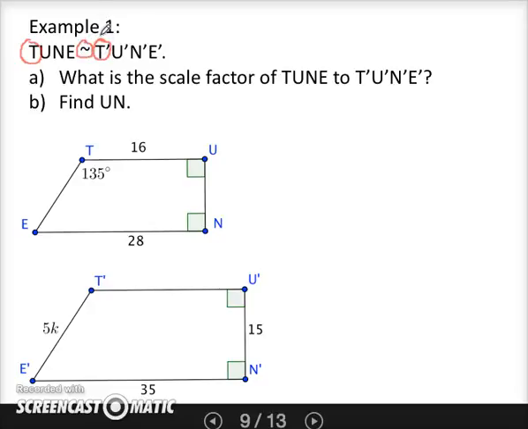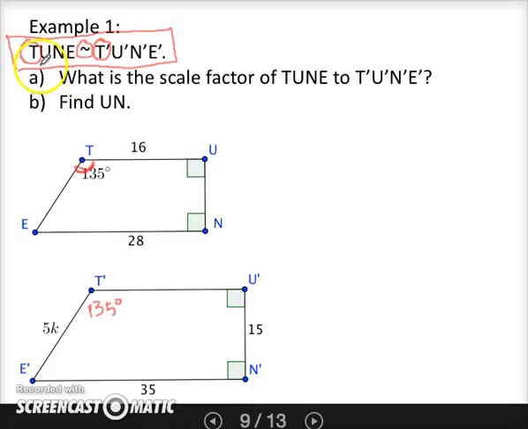Just like when we were working with congruent triangles, when we're working with similarity, we're told by the way that this statement is written that vertex T corresponds to vertex T prime, so that this angle here, being 135, would tell us that angle T prime is 135 degrees.